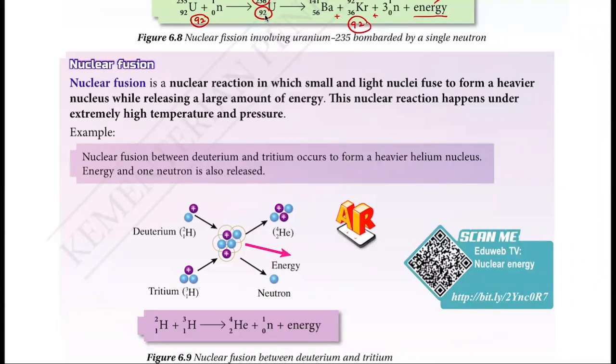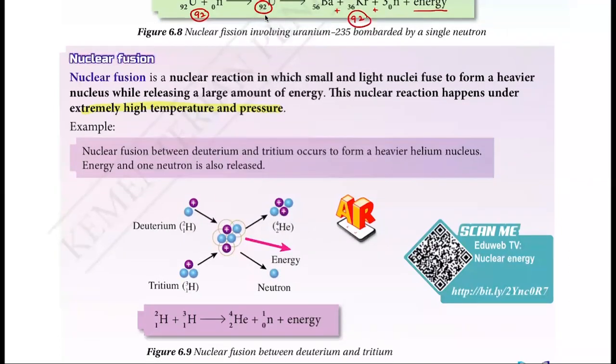So fusion combines small and lighter nuclei to form a heavier nucleus. This nuclear reaction happens under extremely high temperature and pressure. So remember, the condition for this to happen is extremely high temperature and pressure, for example at the sun.